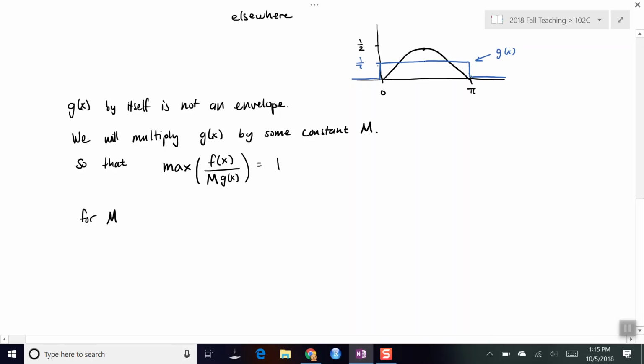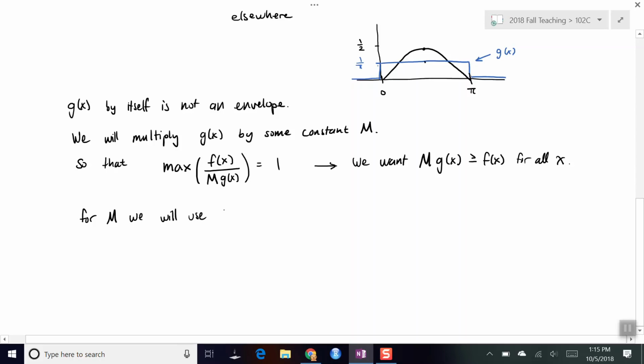So if we think of kind of the max difference here, or in other words, we want m times g of x to be greater than or equal to f of x for all x, okay?